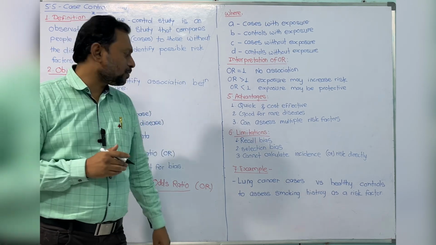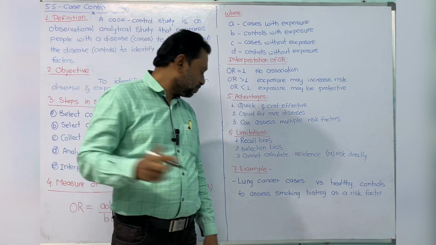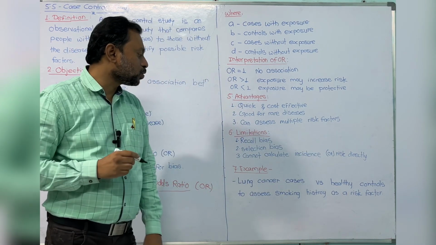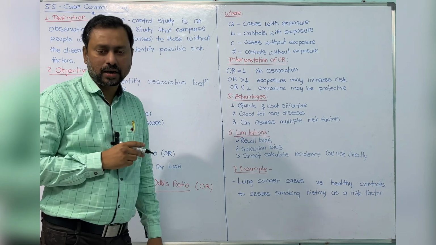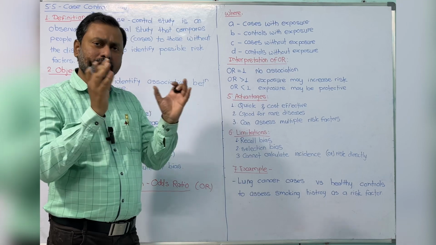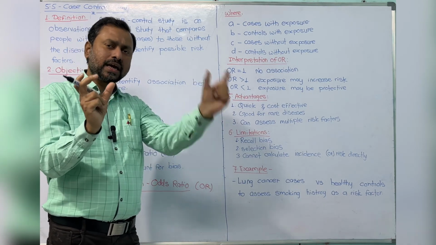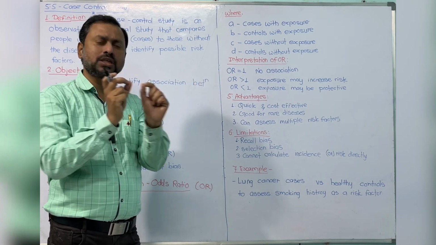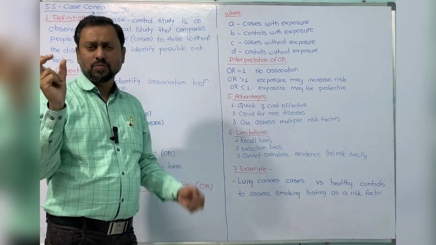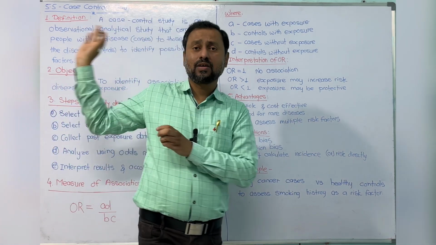The next one, example. Lastly, we will study an example: lung cancer cases versus healthy controls to assess smoking history as a risk factor. Okay, just now I told, is there any chance the risk factor is smoking? Lung cancer is the disease. Is there an association? We assess smoking through this case control study.